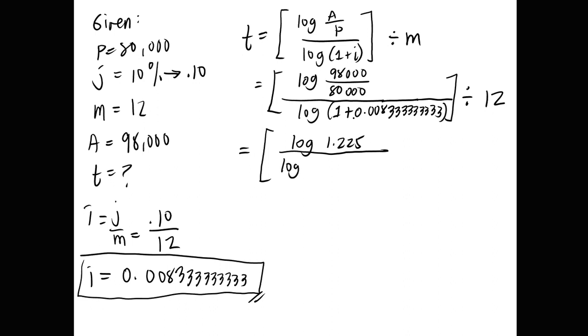Then, after that, syempre, ganun din. Sa denominator, compute nyo muna yung may operation. So, 1 plus, of course, whole number po will be 1.008, and then, we have 9 threes. Okay. And then, divide it by 12. Yan. Next. Numerator ulit. Sa numerator po, pipindutin nyo na po ngayon yung log. Okay?